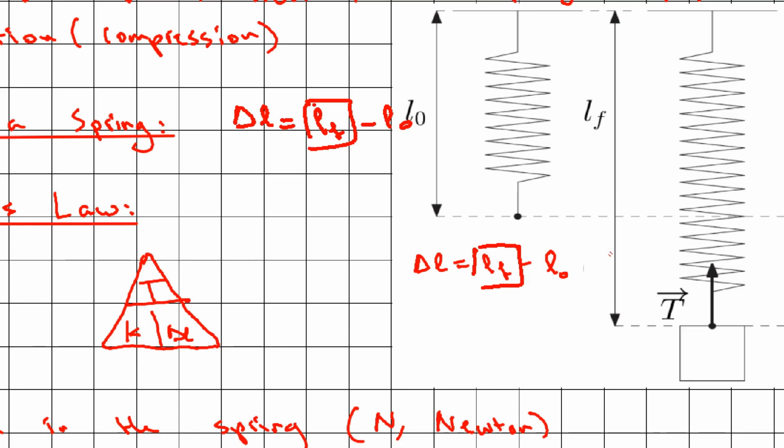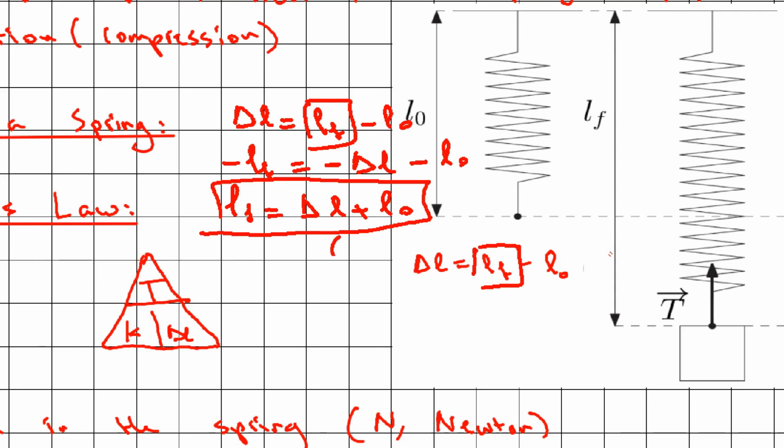Dragging the final length to the left hand side, it will be minus the final length, and dragging delta L to the right hand side, it will be minus delta L minus L0, and multiplying everything by minus sign, we'll have that the final length is equal to delta L plus L0. So what I have done here is just a rearrangement of this equation based on the fact that the final length is the unknown.